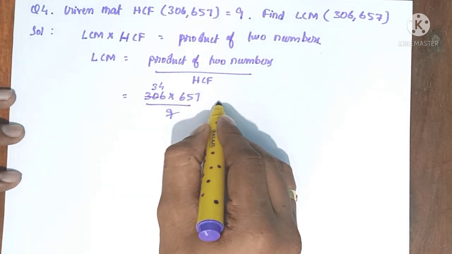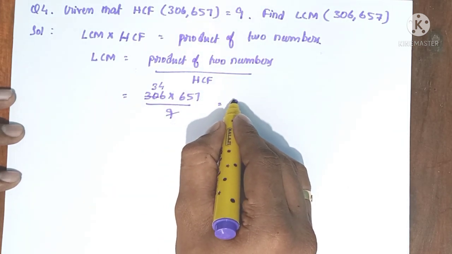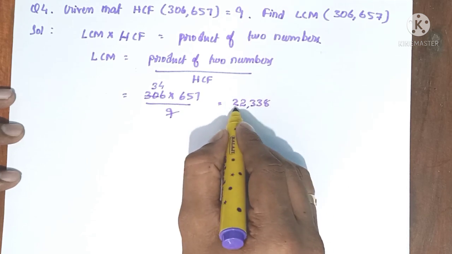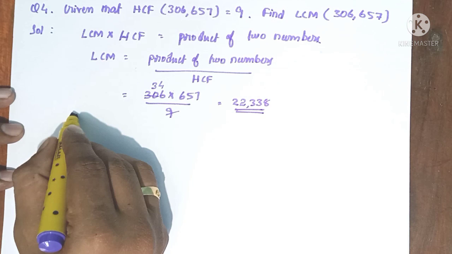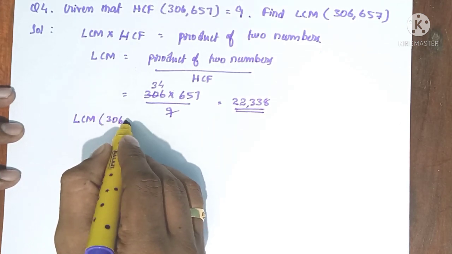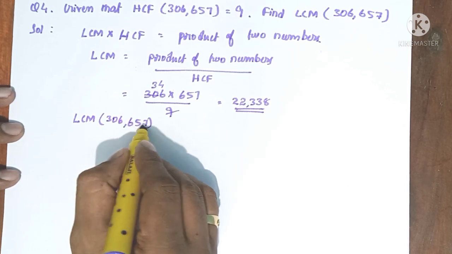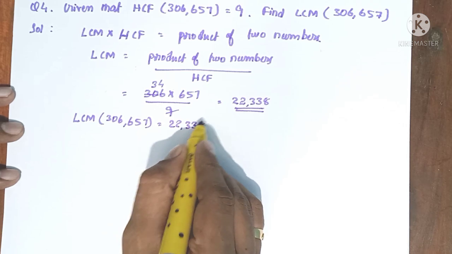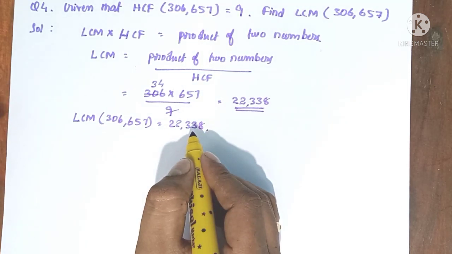So 34 into 657, we will get 22338. So this is the LCM of these two numbers. LCM of 306 and 657 is equal to 22338. Clear?